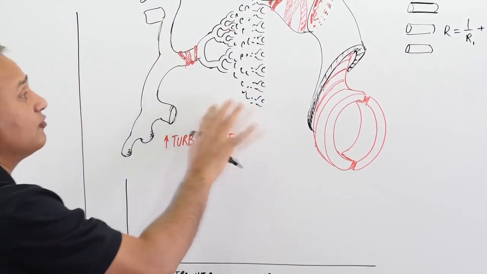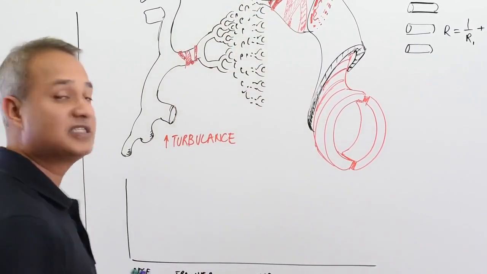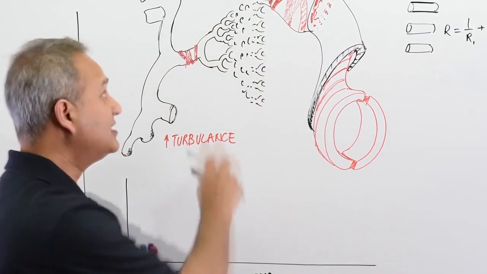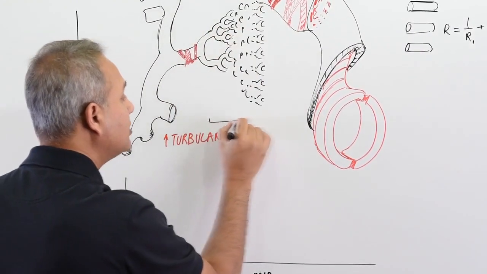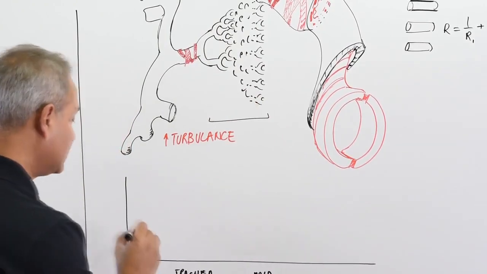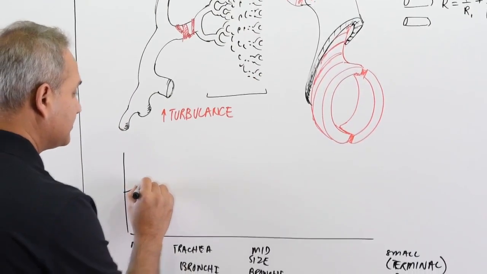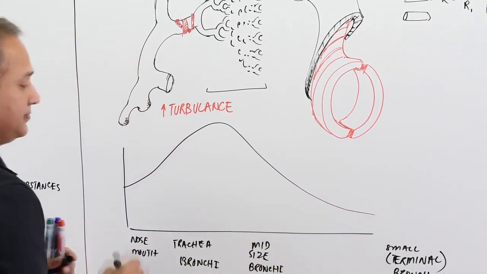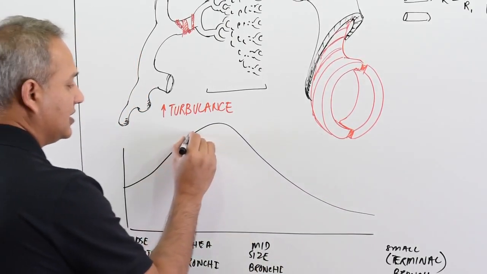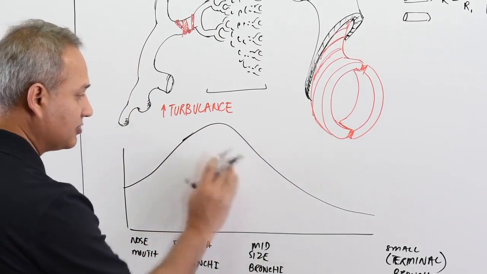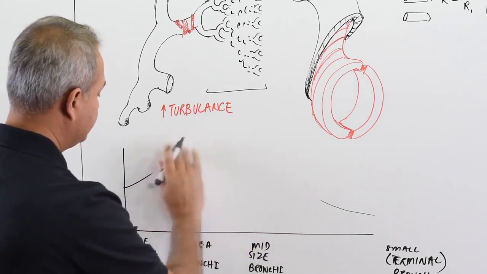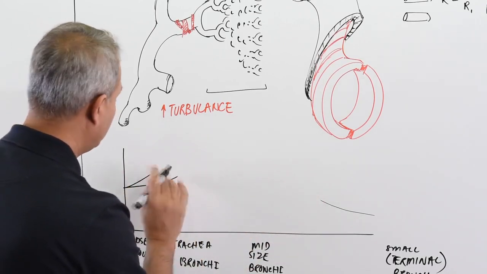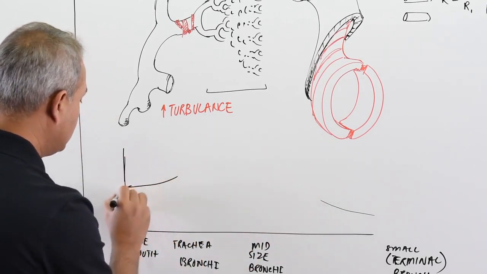Another 30 to 40% is by the mid-size airways. This is where the maximum resistance is. So resistance goes up like this, and then it goes down like this. So it's slightly kinked here. Sorry, I've got to make it a little more accurate.